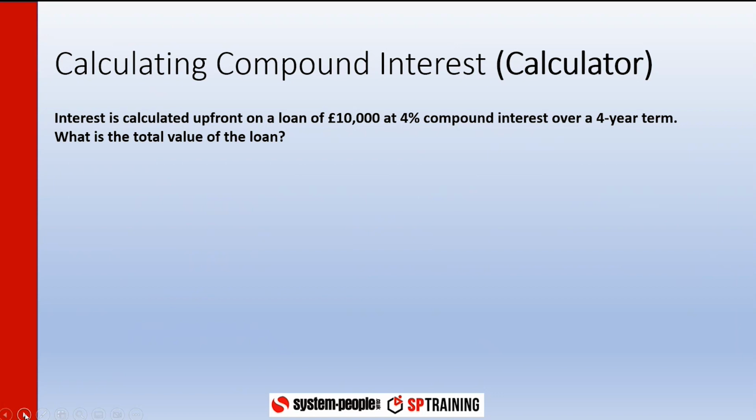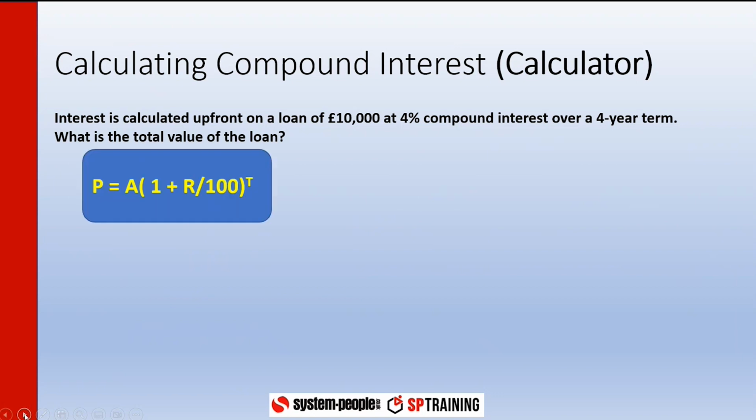And then we get this formula. Now, it looks complicated, but if I break it down, you'll find it's not as difficult to work out as you think. The formula is written like P equals A, and then inside the brackets 1 plus R divided by 100, close brackets, to the power of T. And you're wondering, what on earth is that on about?